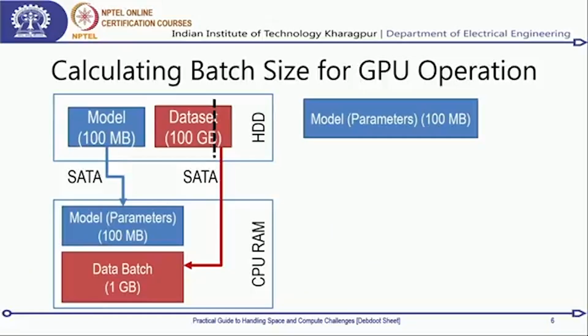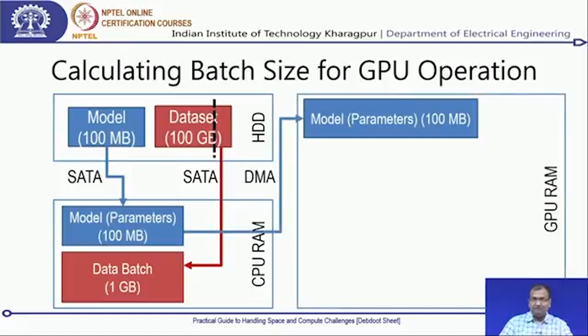On the other side, I have my GPU RAM available to me. Now, when I make this GPU call, this model is actually stored onto my GPU, and under typical conditions, if I am using the same number system precision, so if my model was stored as floating point on my hard drive and is imported as 64-bit floating point on my CPU RAM, it will retain the same amount of space.